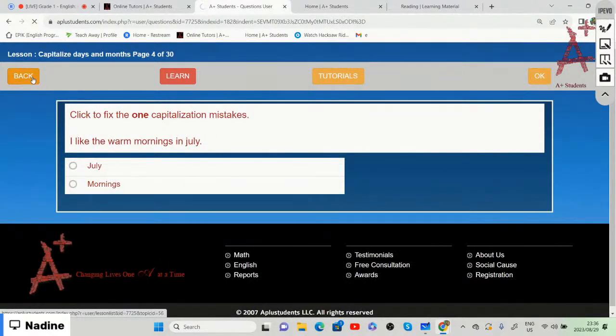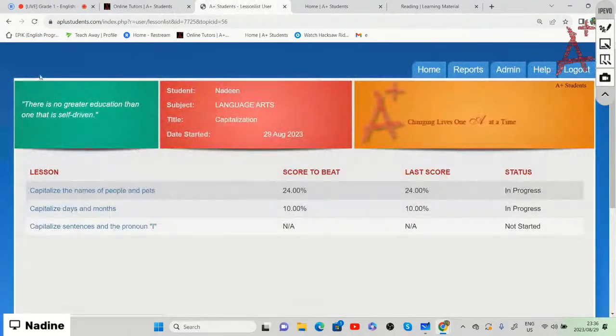All right. So we only did a few of the tests, right? So far we went over the lessons of capitalizing the names of people, the names of pets, the days of the week, and the months of the year.